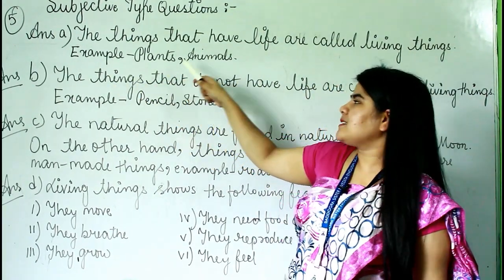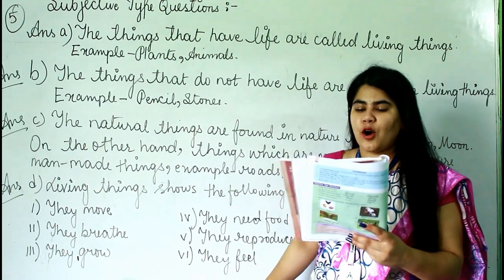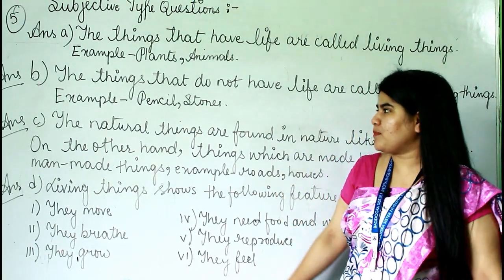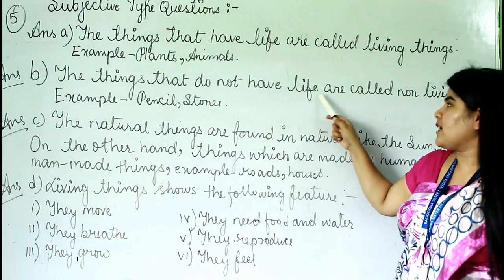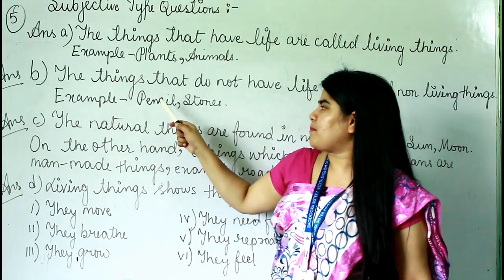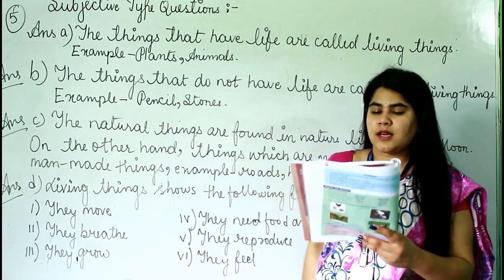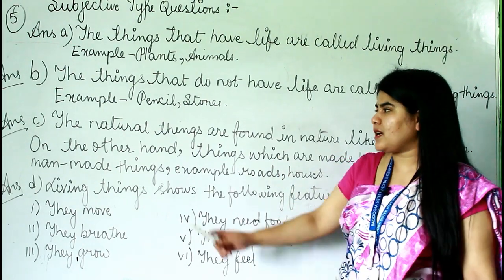Example, plants, animals. Second question, what are non-living things? Give examples. The things that do not have life are called non-living things. Example, pencil, stones.